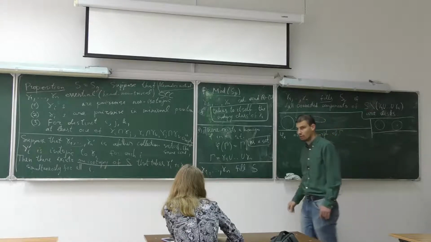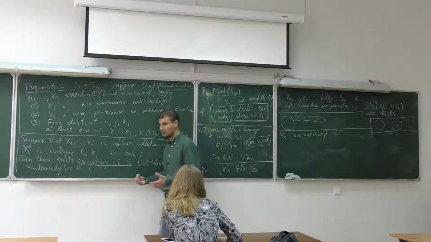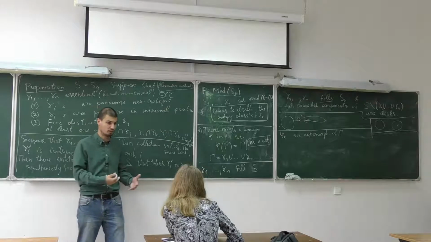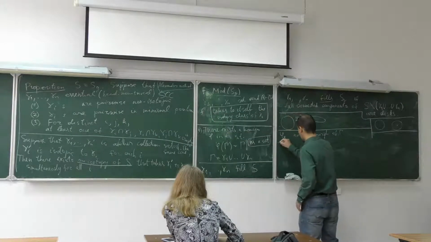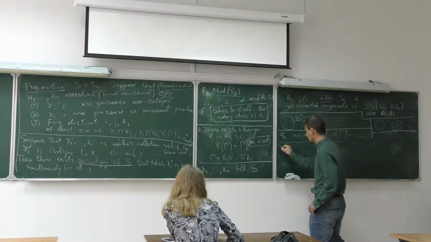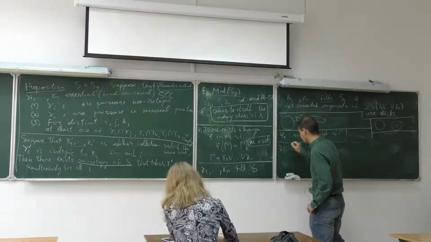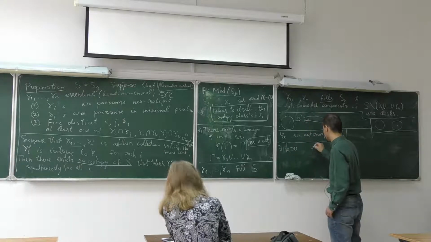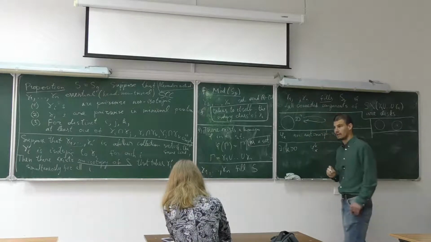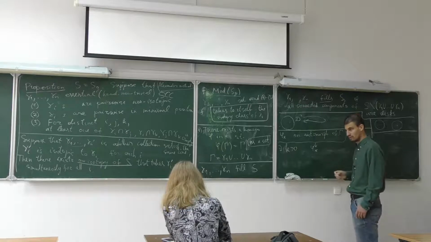And any automorphism of a finite graph is always an element of finite order. Hence, we may say that there exists k such that if we take phi k star, this is a trivial automorphism of gamma.